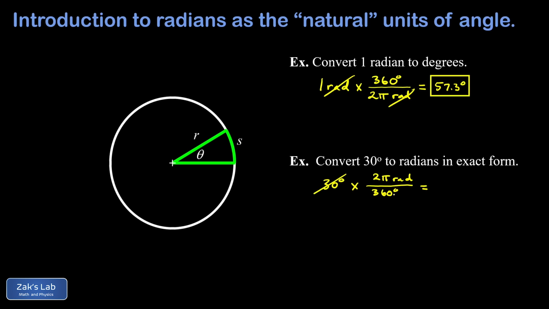So if we cancel a 30 in the numerator and denominator and just cancel the degrees while we're at it, I end up with 2 pi over 12 radians. And that reduces further to pi over 6 radians. Notice I didn't write radians in my final answer because radians are technically unitless and I can just disappear them whenever I like. So the final angle here corresponding to 30 degrees is pi over 6.